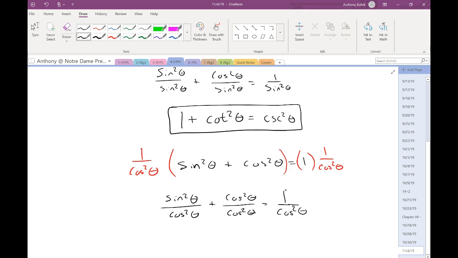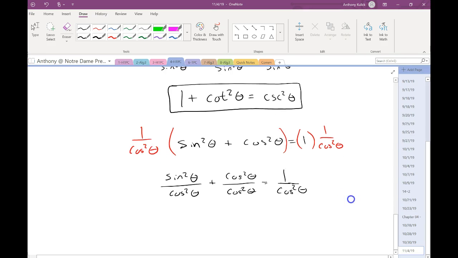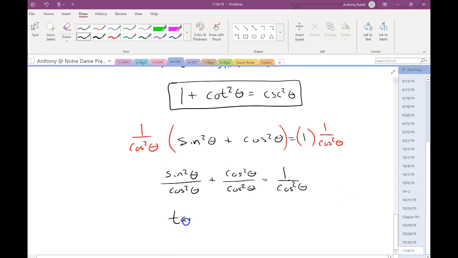So here I notice that I have sine squared theta over cosine squared theta. I know that sine over cosine is tangent. So this is tangent squared theta. Cosine squared over cosine squared is going to be 1. And then I know 1 over cosine is secant. So 1 over cosine squared has to be secant squared.